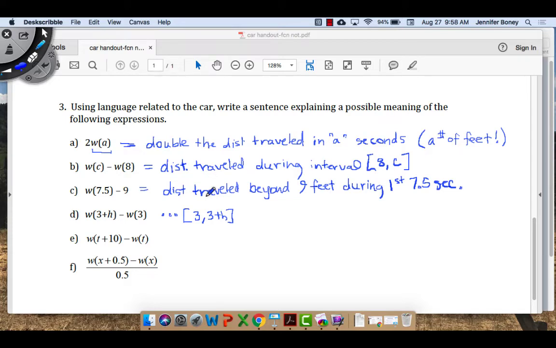So the distance traveled from time 3 through a time h seconds later, you could say, as opposed to time 3 through time 3 plus h, if you wanted to make it sound slightly more like you're speaking. But that's the interval we're talking about. So the distance traveled, or the change in distance, from time 3 seconds to a time 8 seconds later.